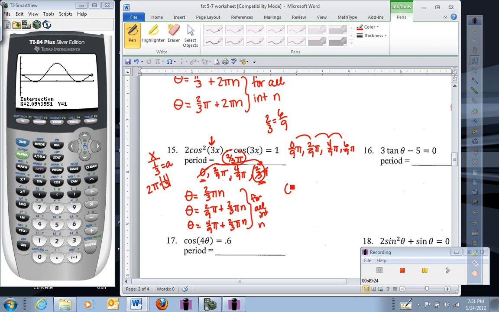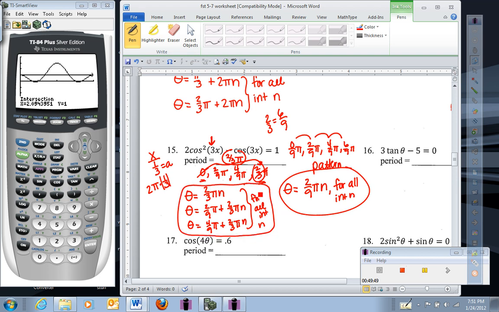So the pattern for this one could be written as all the multiples of 2/9 pi. 0, 1 times 2/9, 2 times 2/9, 3 times 2/9, and so on. So this would be for all integers n. If you wanted to find the pattern, this would be the pattern. This is a fine general solution over here. You can use that no problem.